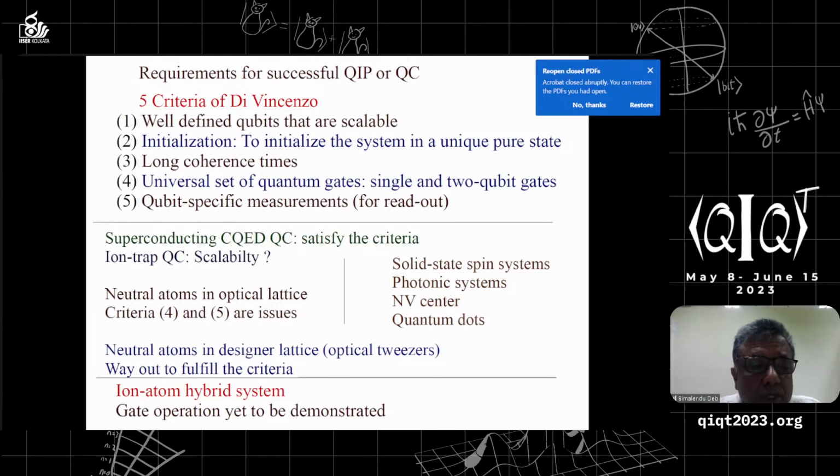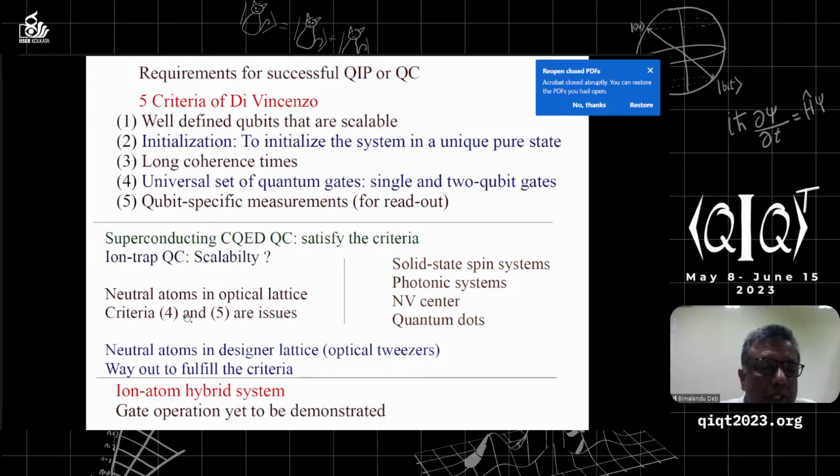And if you want to scale it to many qubits, then there is a problem because the number of modes becomes quite large, and they talk to each other. So that is an issue in ion trap quantum computing.